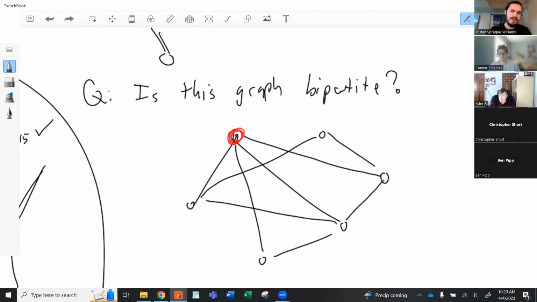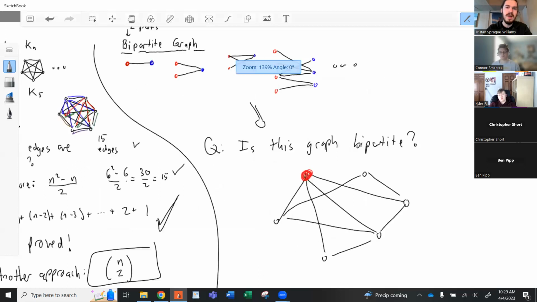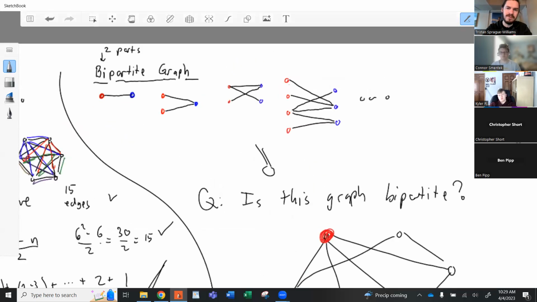So let's say that this vertex is red. I just made that decision totally arbitrarily, just a random vertex. Let's say that one's on the red team. Now that one's on the red team, any vertex adjacent to it has to be on the blue team, because the rule for a bipartite graph is that none of the red vertices can be adjacent to one another.